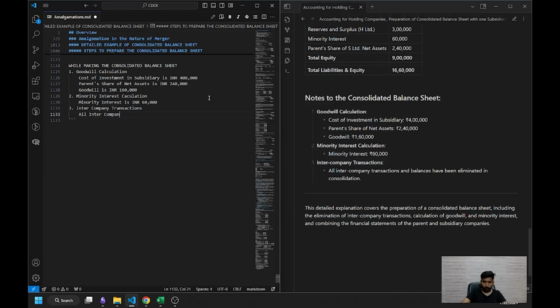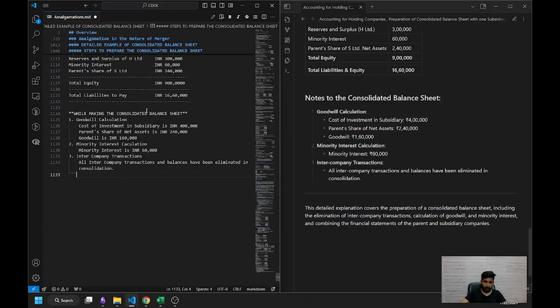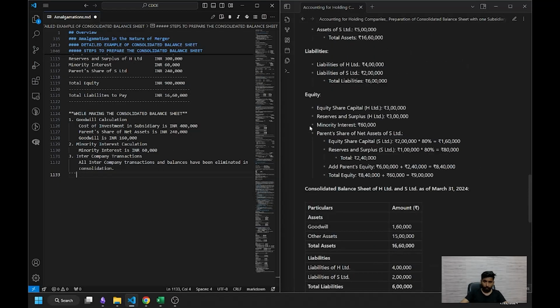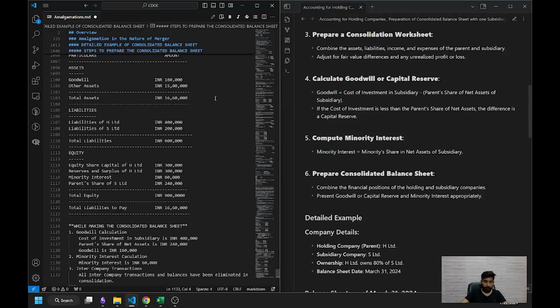All the intercompany transactions and balances have been eliminated in consolidation. And this is how we make the consolidated balance sheet if we have only one subsidiary.